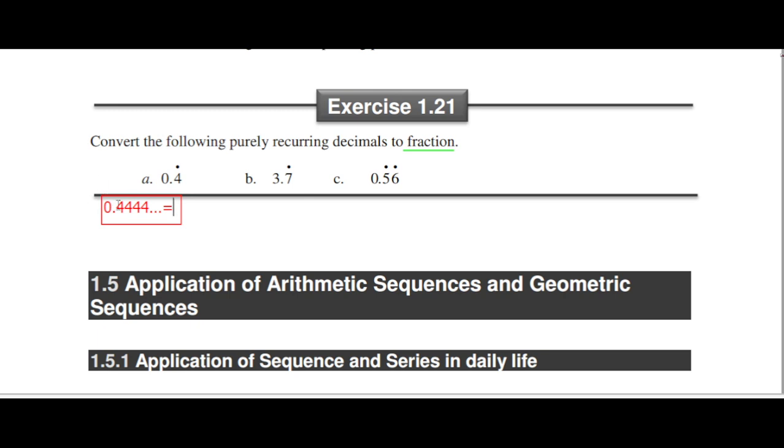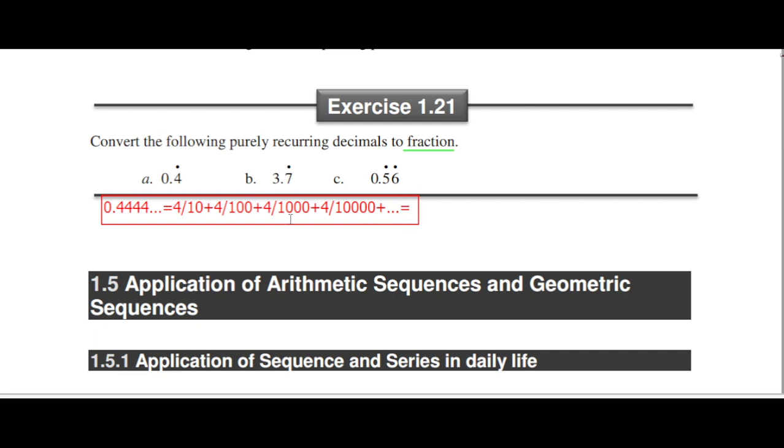This is 4 over 10 plus 4 over 100 plus 4 over 1000 plus again 4 over 10,000 plus and so on.